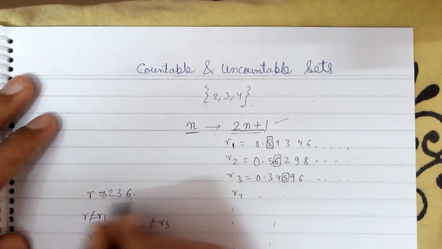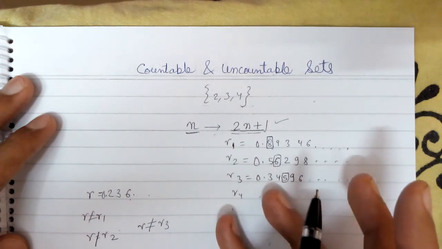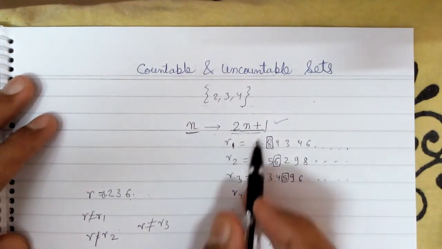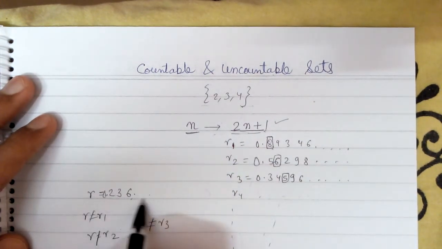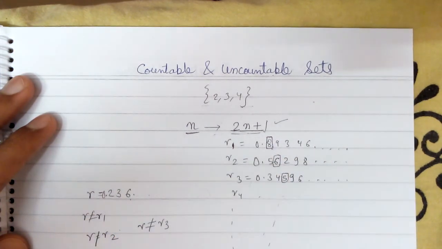Similarly, R and R4 will differ at the fourth digit, and R and R5 at the fifth digit. So it will differ from all of these mappings at some digit. Hence, it will be a totally different element from each of them. It will not be equal to any of them.